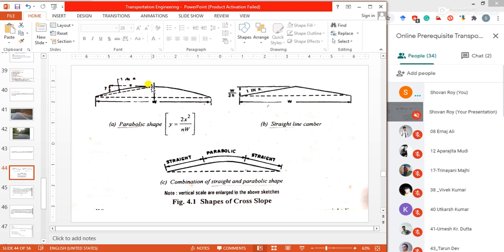This parabola is defined by y and x, where x is horizontal and y is vertical. If we draw the straight line with the parabola, this straight line has some slope, the same as the straight line camber, and this slope is defined as 1 in n, same as the straight line camber.